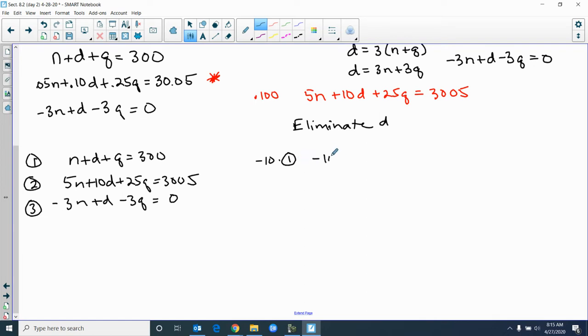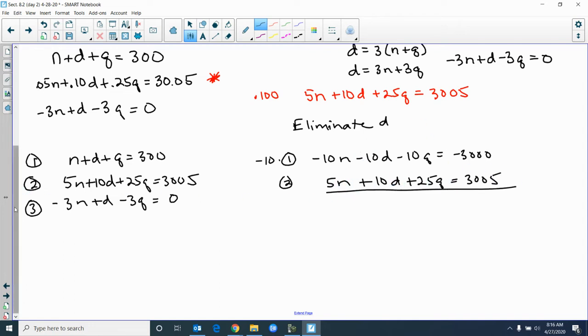So it's going to give me negative 10n minus 10d minus 10q equals negative 10 times 3,000, which should be negative 3,000. And now I have equation 2, which is just 5n plus 10d plus 25q equals 3005.